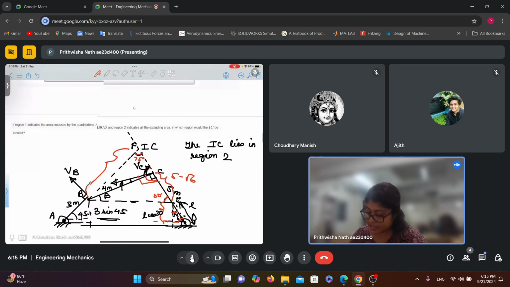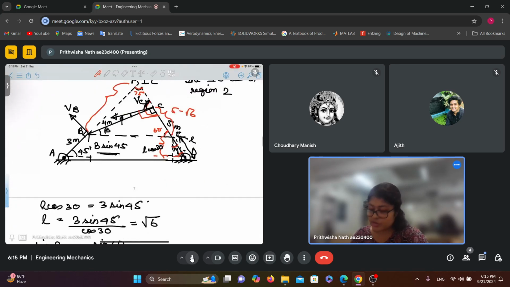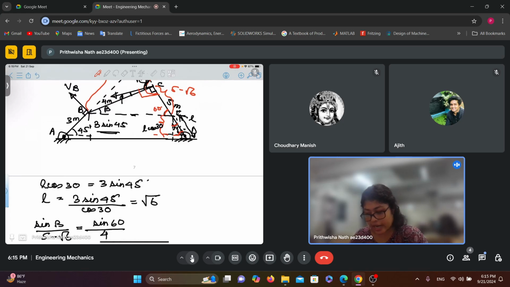So next we are asked to find this angle beta. So I simply draw a parallel line and I know the height. I can calculate the height. So this height is 3 sine 45.